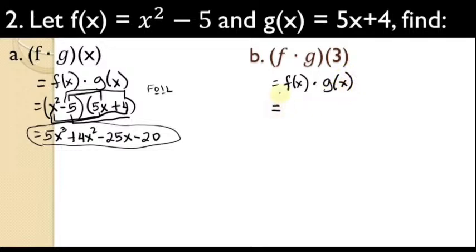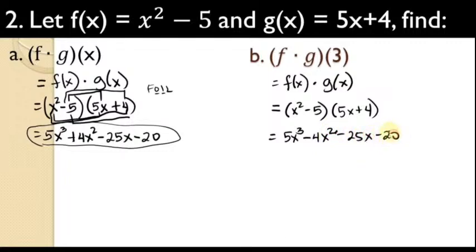So we have f of x natin, so we have x squared minus 5 times 5x plus 4 equals, okay, so ito na yon, 5x cube plus 4x squared minus 25x minus 20.